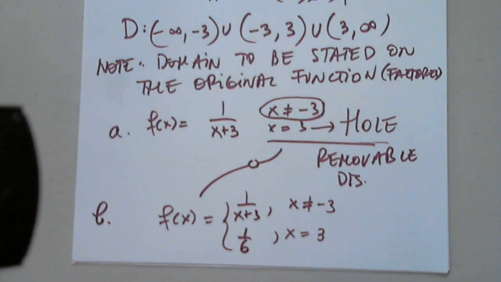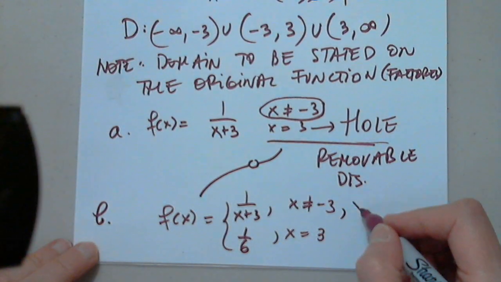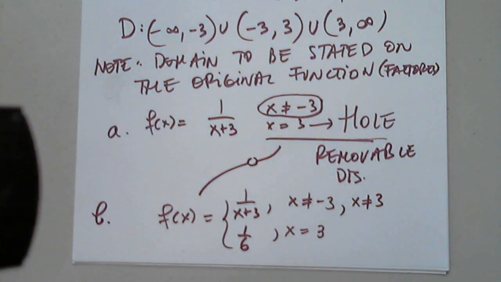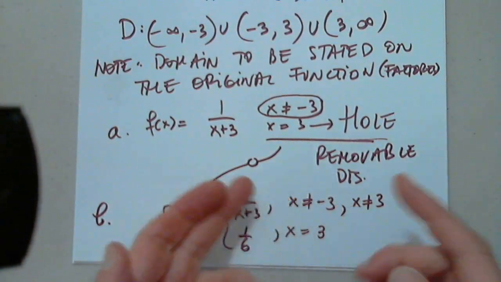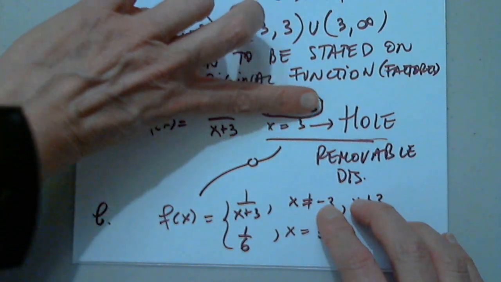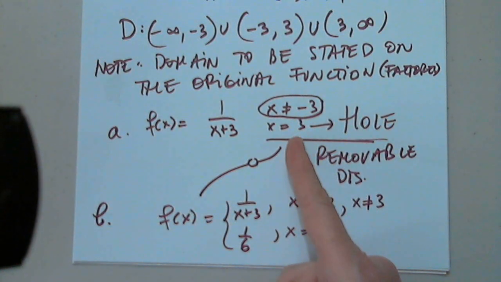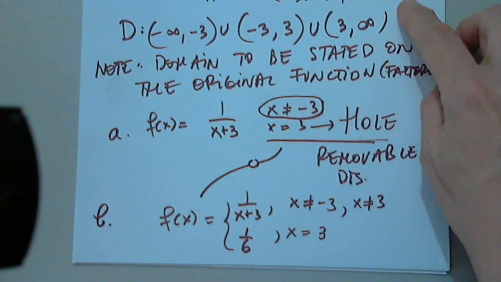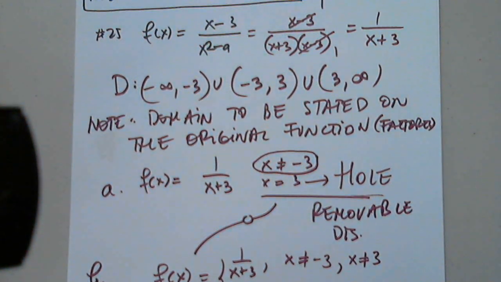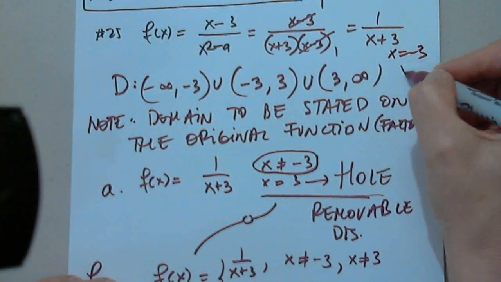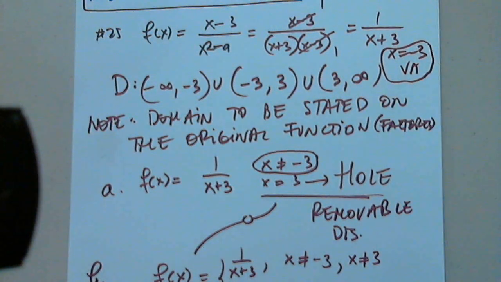So now the function is still discontinuous at negative 3, but they did not ask us to do anything with negative 3, and we cannot do anything to that. At x equals negative 3 there is a vertical asymptote, and nobody can change that. That is carved in stone.